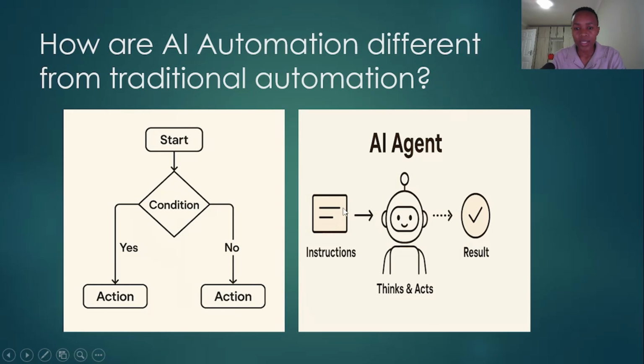You ask, and it will think, act on your behalf, and give you the results. Based on your prompt, whatever you wrote in this chatbot or AI agent, that sometimes you just put at the corner of your website, you ask whatever question.